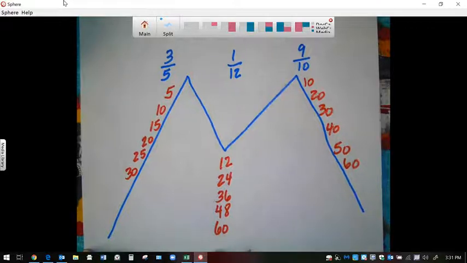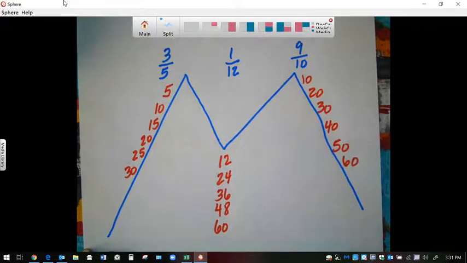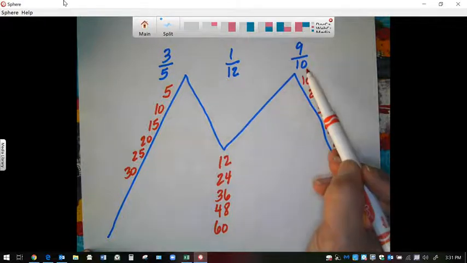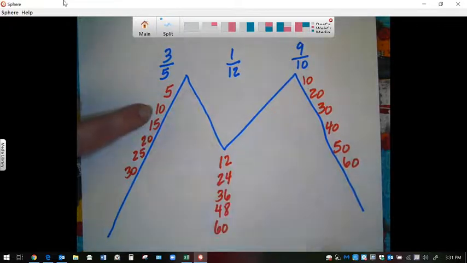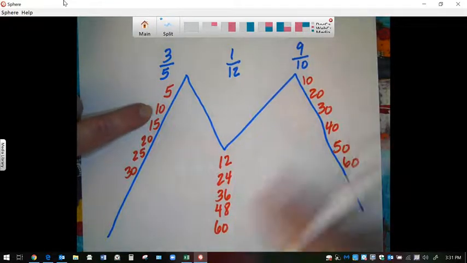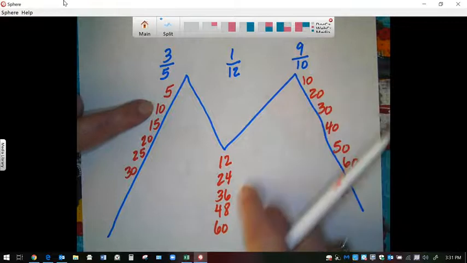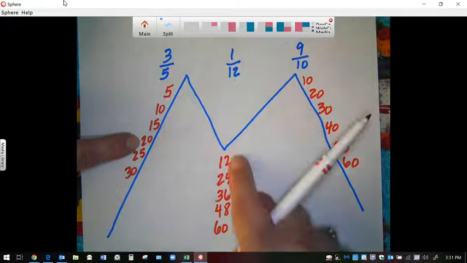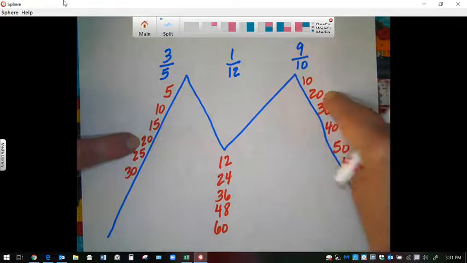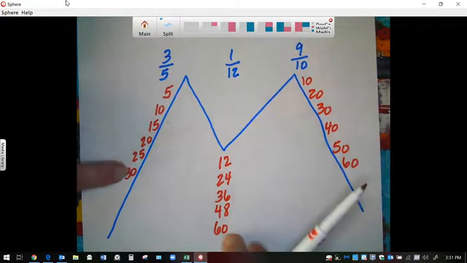Now, just like we did in the other lesson, we need to look to see what multiples they share. Since these are all tens, we need to look at the tens. Do they all have a 10? No, this one does not. These two do, but this one does not. The 12s do not have the 20, but the 10s share it. What about 30?